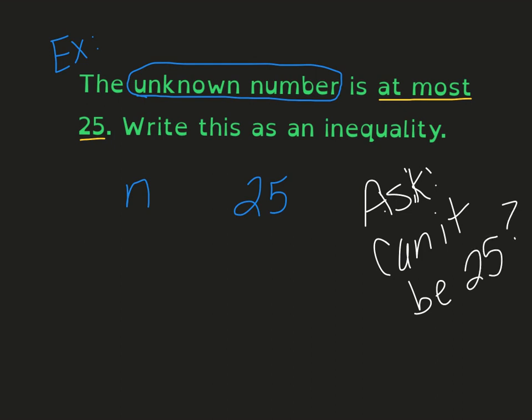And in this case, yes, it says at most 25. So the unknown number is at most, so it's less than or equal to 25. That means it includes the 25 and all numbers that are lower than that. Okay, because it can be at most this. Can't be any more than that. That's the block. You can't go past that.